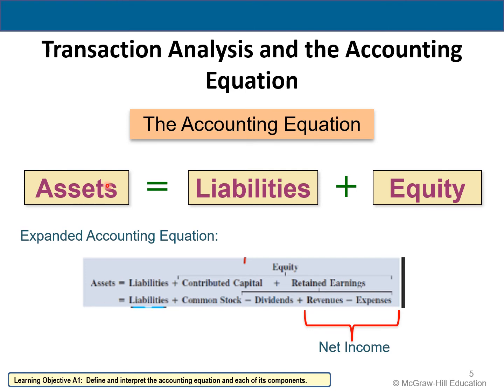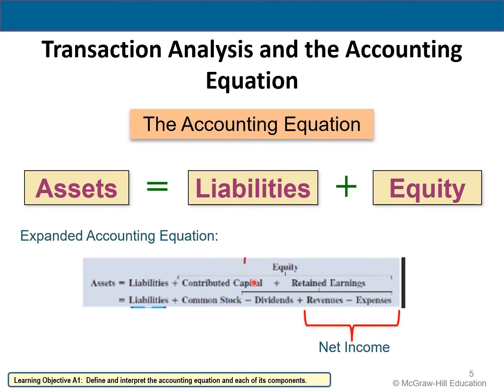Another way to articulate that is if the company ceased doing business today, they'd obviously have to pay all the bills that were due, and whatever money would be left over would be the owners' to keep, and that's equity.